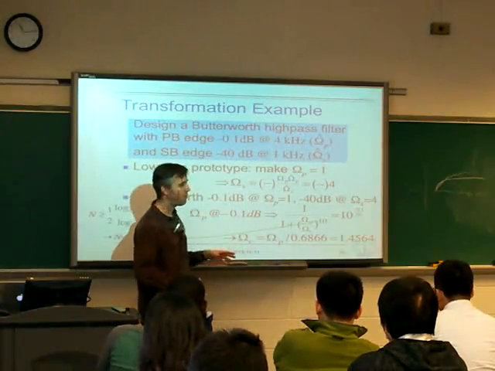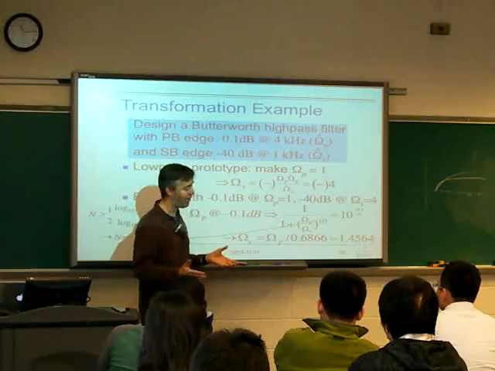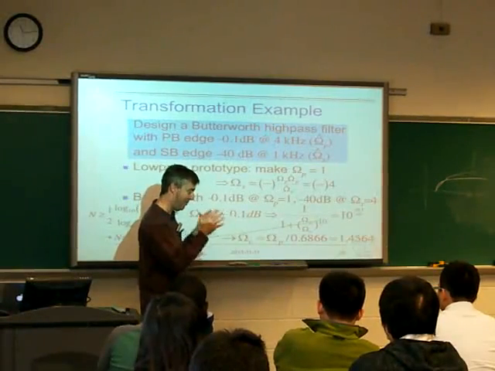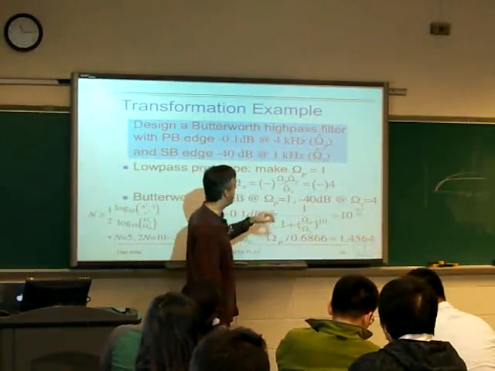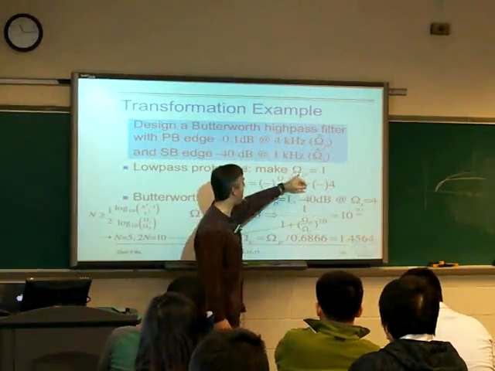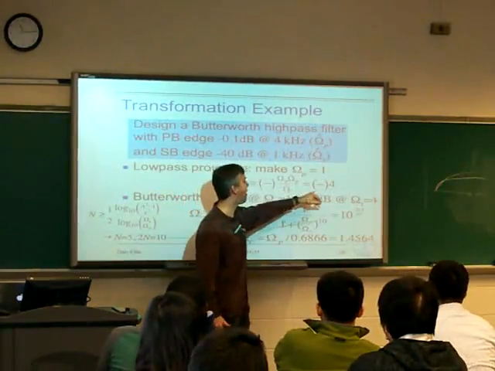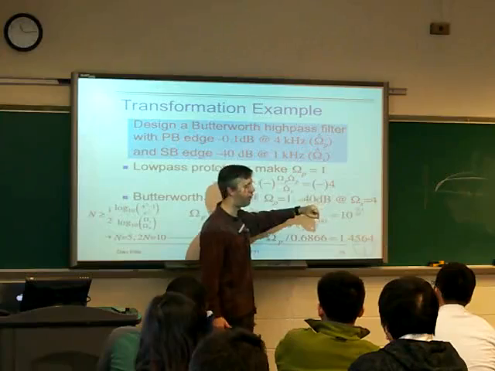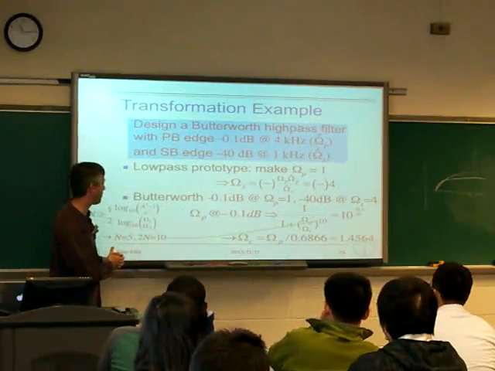In fact, of course, we can choose any arbitrary prototype reference passband frequency edge because we're going to scale it anyway. So we just say, okay, let's assume that it's 1, just for simplicity. So we've now got omega p, the prototype, but we still need omega s. So you plug it in to get that out, and it comes out to be 4, or minus 4, but symmetrically 4.